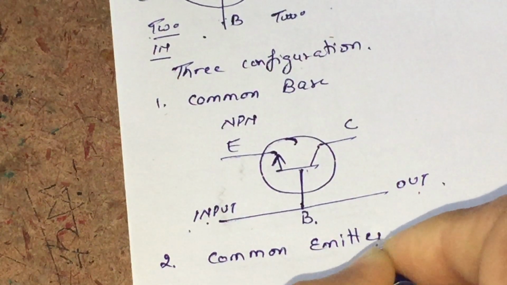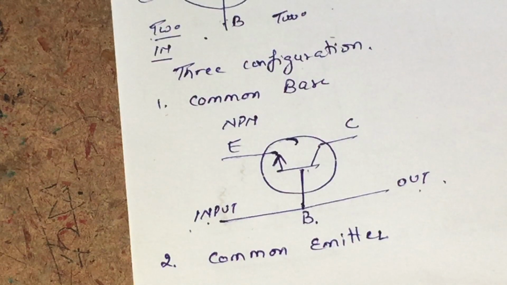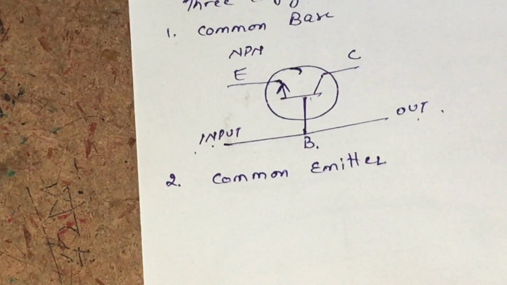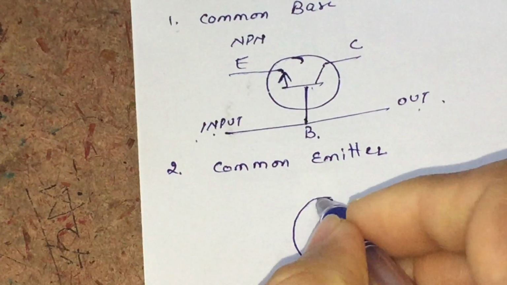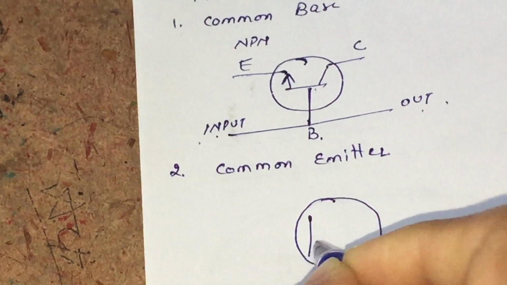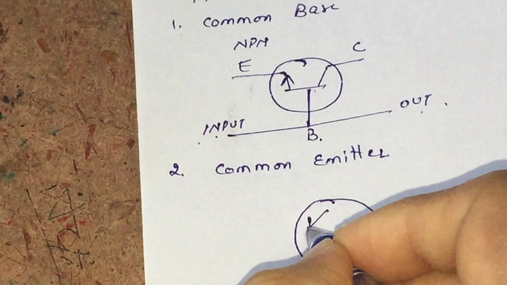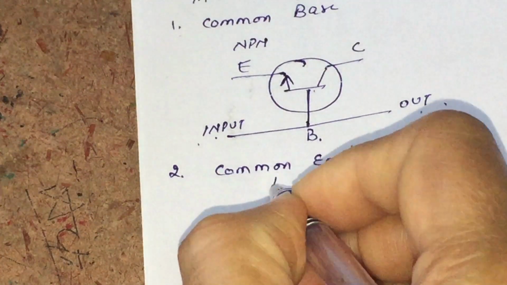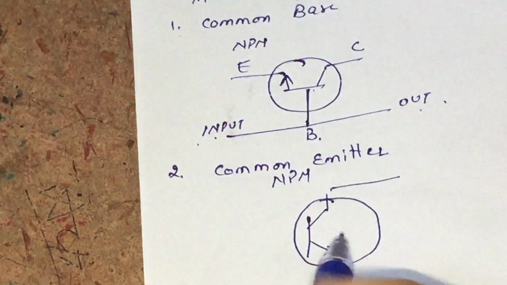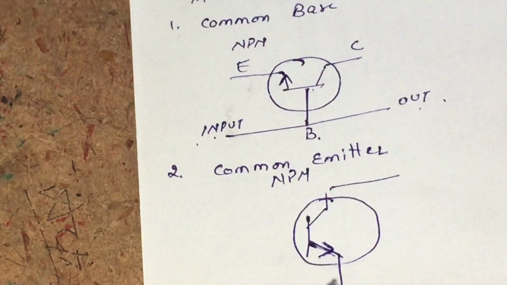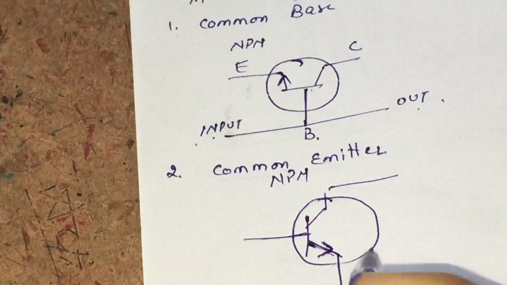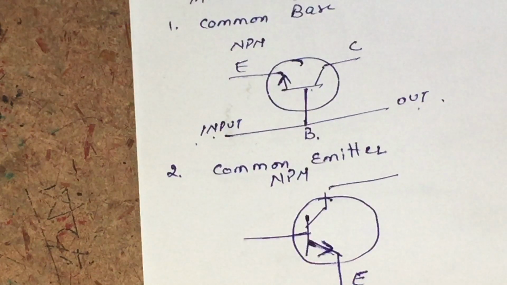Similarly, the second type of configuration is known as common emitter configuration. In common emitter configuration, we take the emitter terminal common on both sides, on the input side as well as on the output side. In every case, we are considering the NPN transistor, as the arrow is pointing outwards from the emitter terminal.